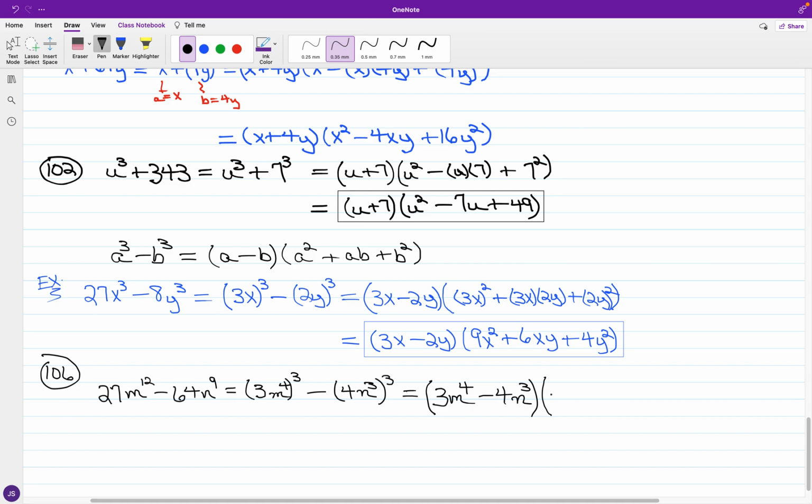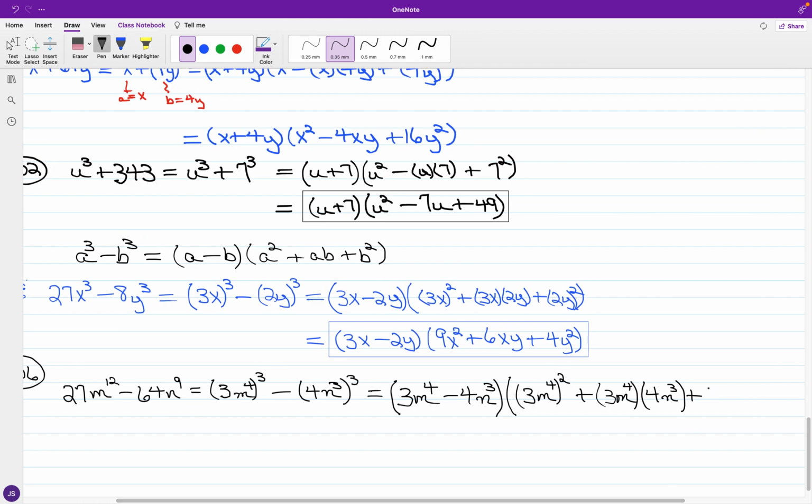So with the a squared portion, we say 3m to the 4th squared. And for the plus ab, we have the product of 3m to the 4th and 4n cubed. We have plus b squared.